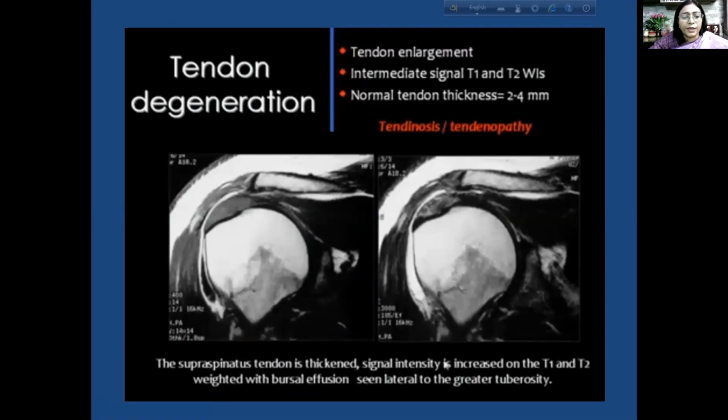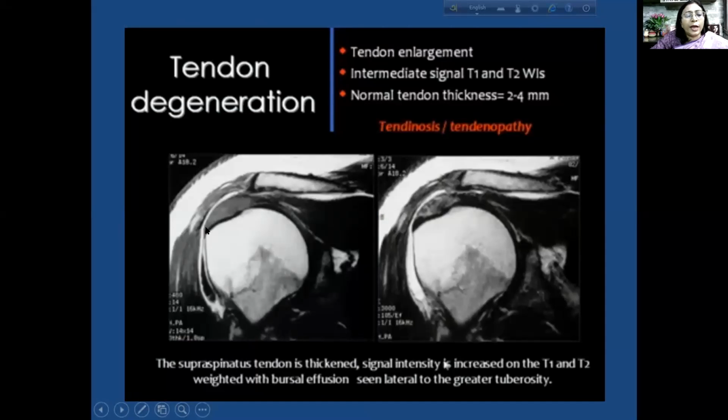This is supraspinatus tendon degeneration, where the normal thickness of the supraspinatus tendon is 2 to 4 millimeter, but when there is degeneration, it becomes thickened, with intermediate signal intensity in both T1 and T2.